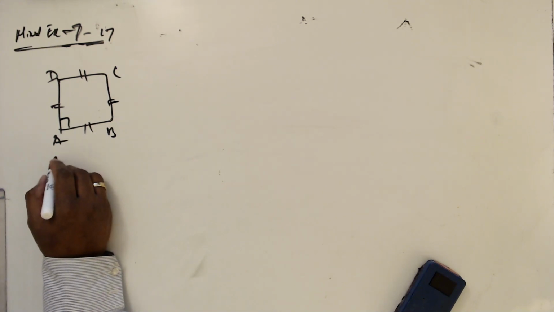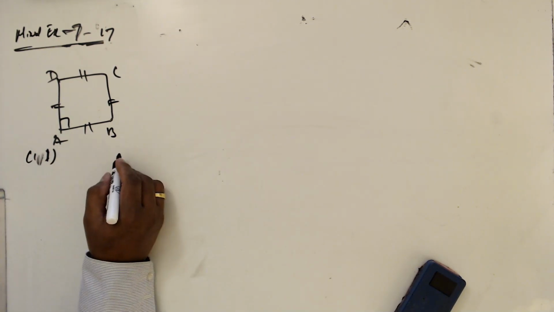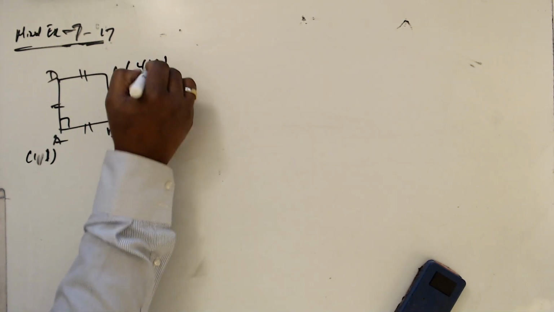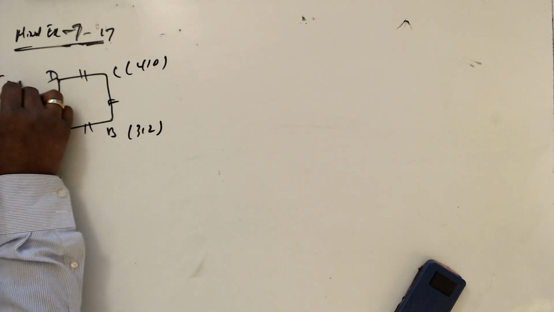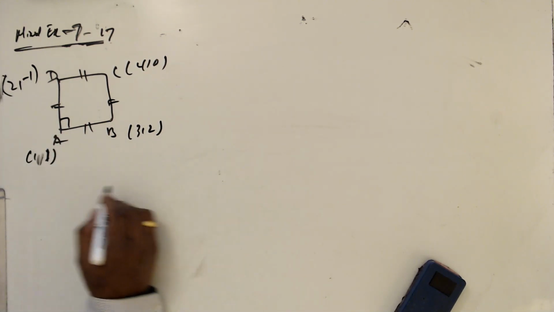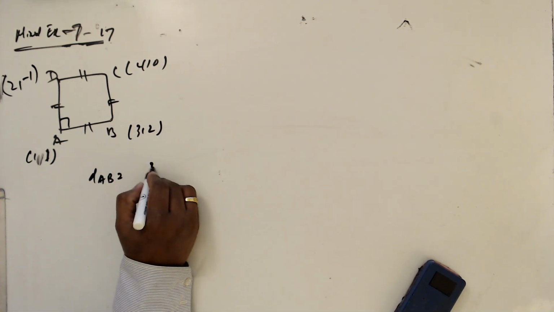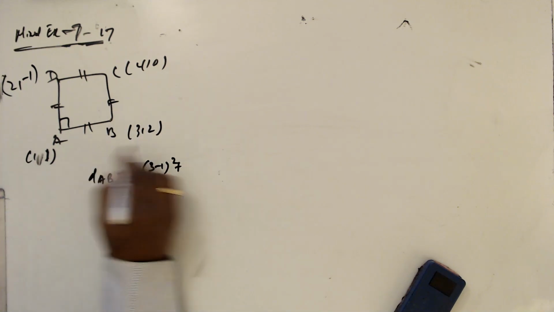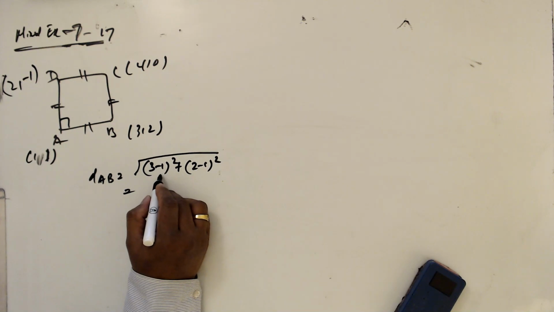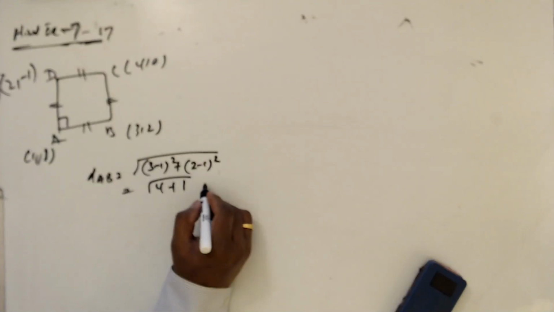A is (1, 1), B is (3, 2), C is (4, 0), and D is (2, minus 1). Now DAB means the square root of (3 minus 1) squared plus (2 minus 1) squared. This is 2 squared, 4, and this is 1. This is going to be square root 5.